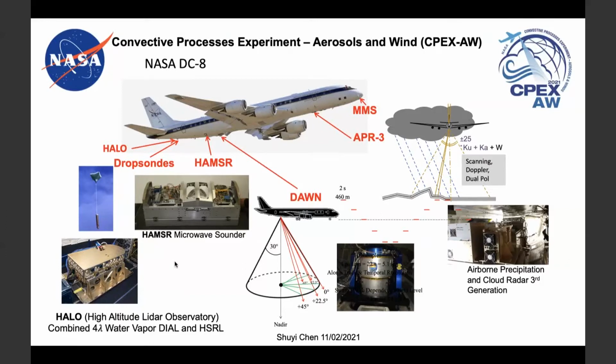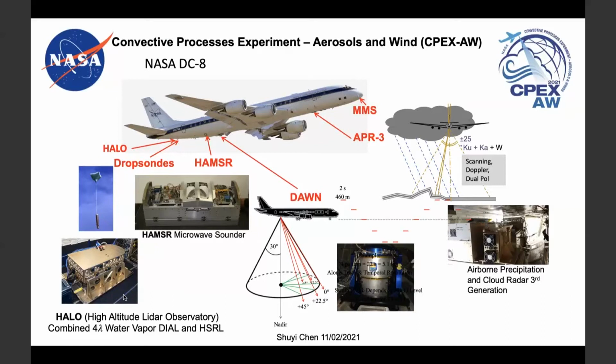We have the DAWN, which is the scanning wind LiDAR. This is a very unique instrument that is a LiDAR, but scanning, that can provide us the wind using the Doppler effect. Then we have the APR, an airborne precipitation radar with 3 frequency bands, Ka, Ku, and W. Then we also have microphysical probes and the dropsondes.